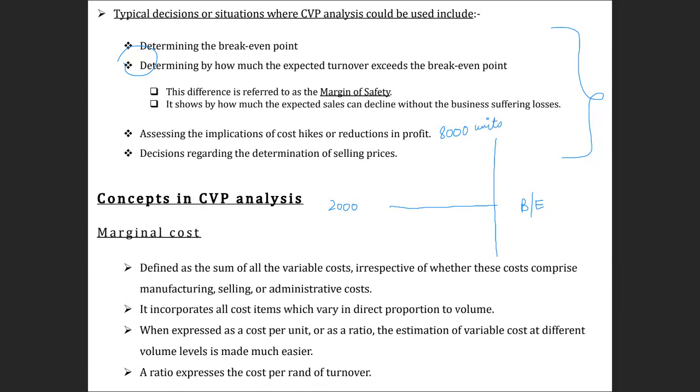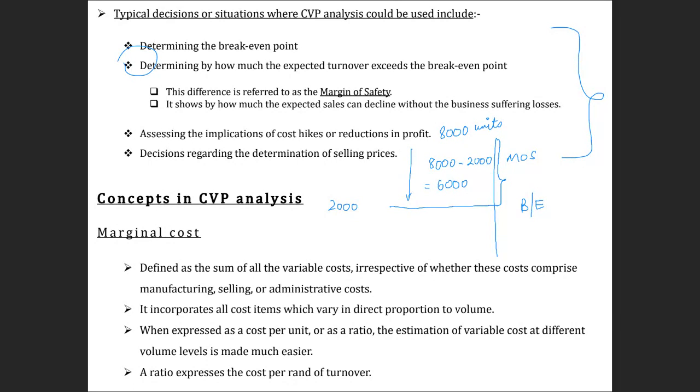The margin of safety is this portion here, from the number of units currently being produced up until the break-even point, which is the difference between the 8,000 and the 2,000 units, which is 6,000 units. It's saying to you that production can decline by up to 6,000 units. So we can produce 6,000 units less.